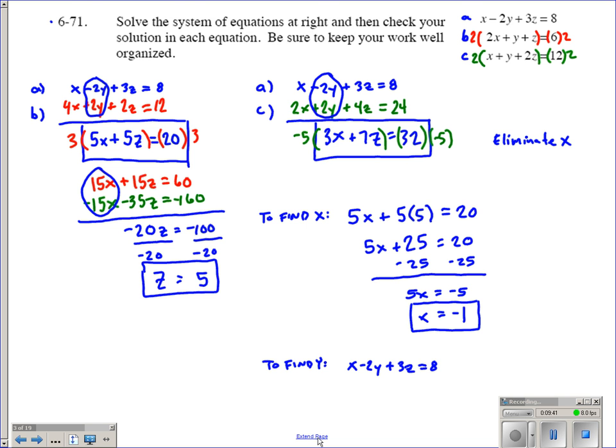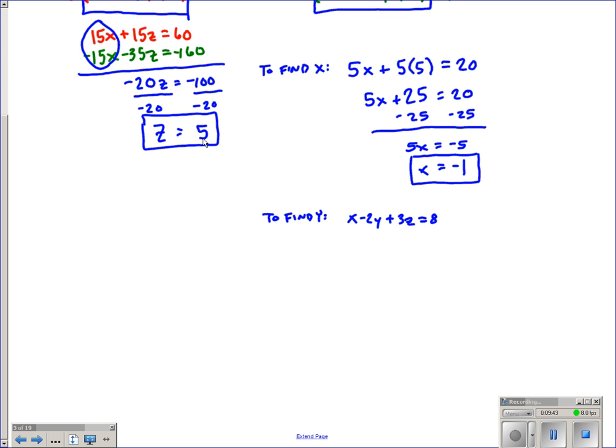If I know z is 5, I'm going to plug it in for z, and I know x is negative 1, so I'm going to plug it in for x. So I have negative 1 minus 2y plus 3 times 5 equals 8. Well, that's going to give us 15. And we have negative 1 minus 2y plus 15 equals 8.